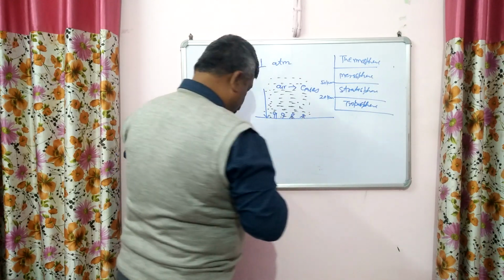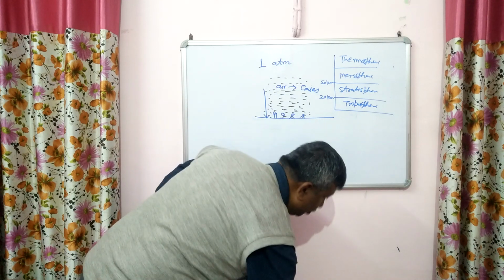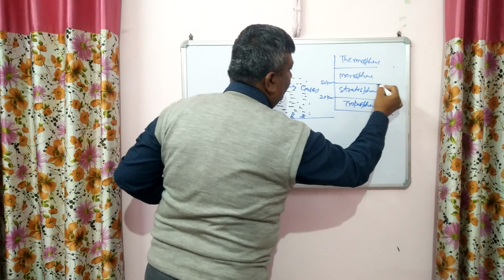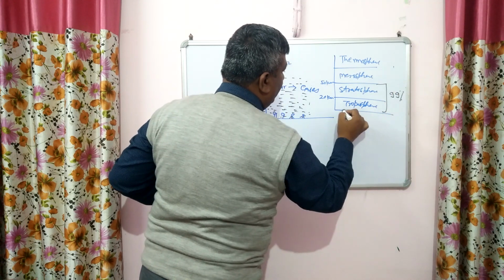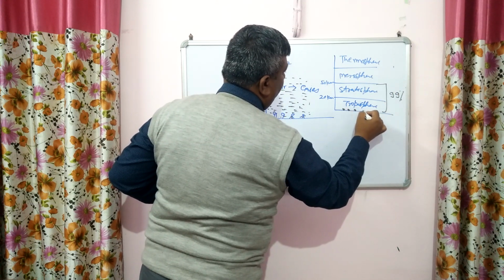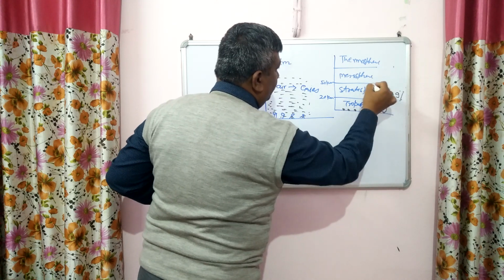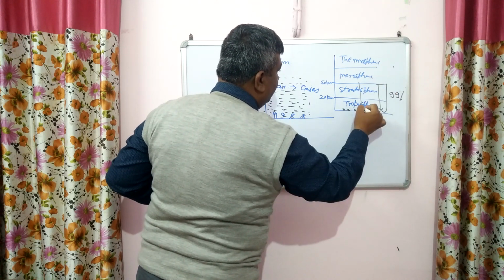And these two, the stratosphere and troposphere, constitute about 99% of the atmosphere, and we are here, we are living here. So all the bodies are here. It means 99% is here.